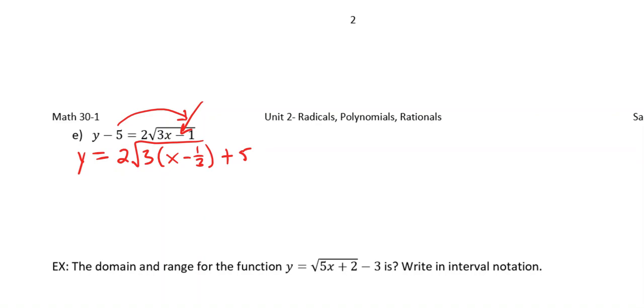Okay, so then this thing has a vertical stretch of what? 2, yeah. Has a horizontal stretch of, yeah, 1 over 3. Opposite of the B value there. It has a horizontal translation of, it's still 1 over 3, yeah.